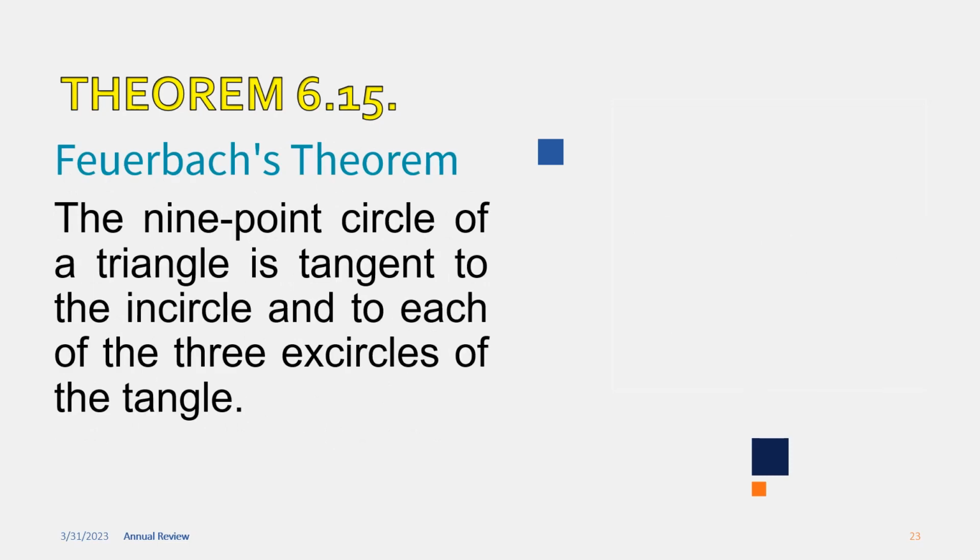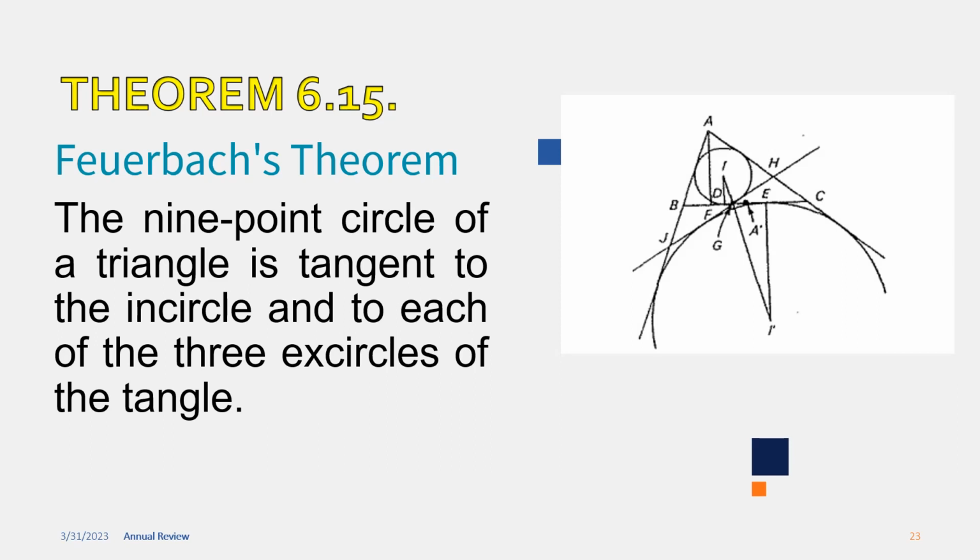It is stated that the nine-point circle of a triangle is tangent to the incircle and to each of the three excircles of the triangle. So in this figure, let I and I prime be the centers of the inscribed circle and any one excircle, with A prime the midpoint of BC.